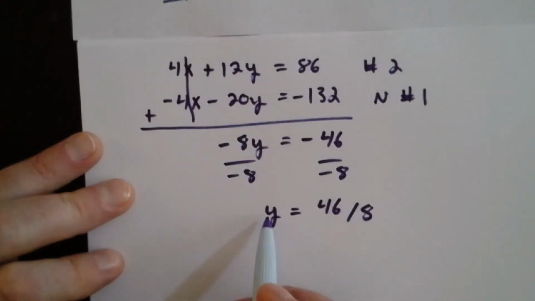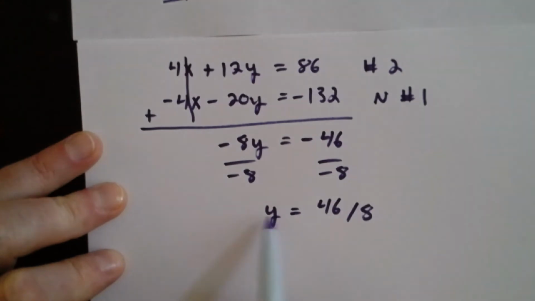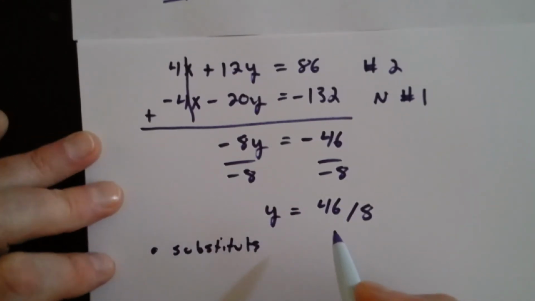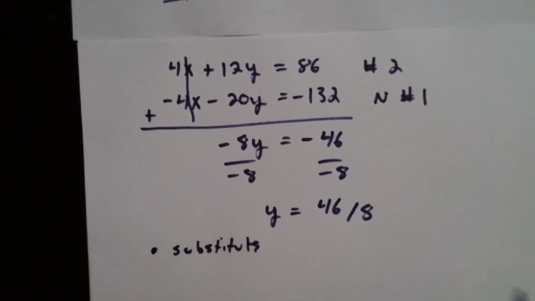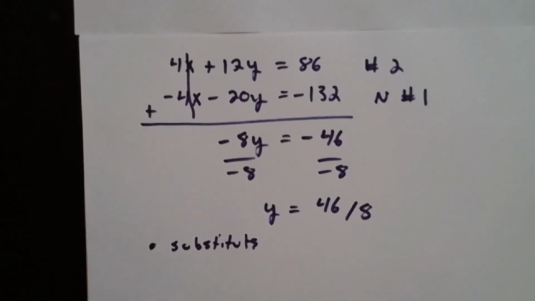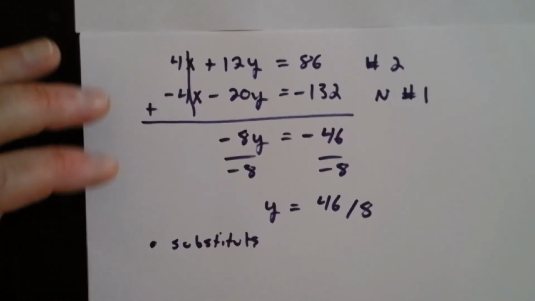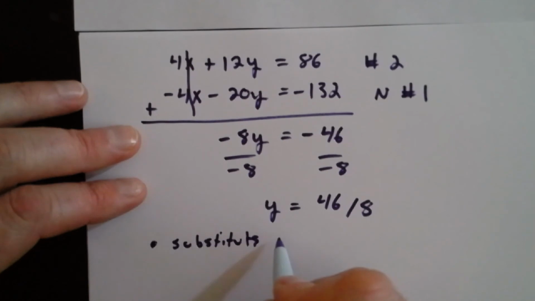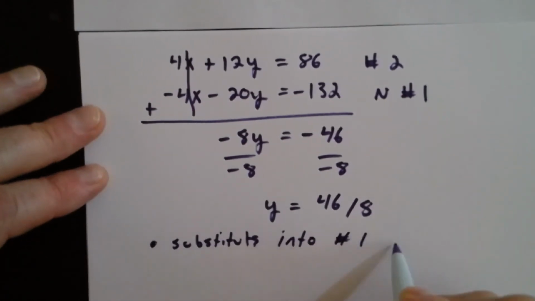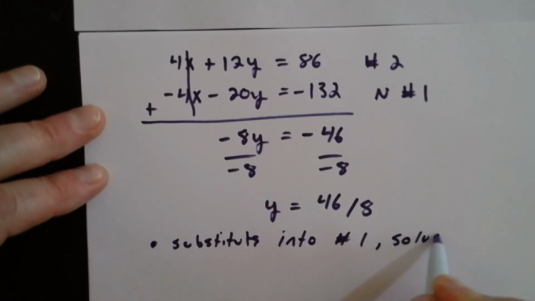And so now that you have your ticket sale, this is your ticket price for Y. Substitute into, which one do we want to substitute it into? Number 1. Substitute into number 1 and solve for x.